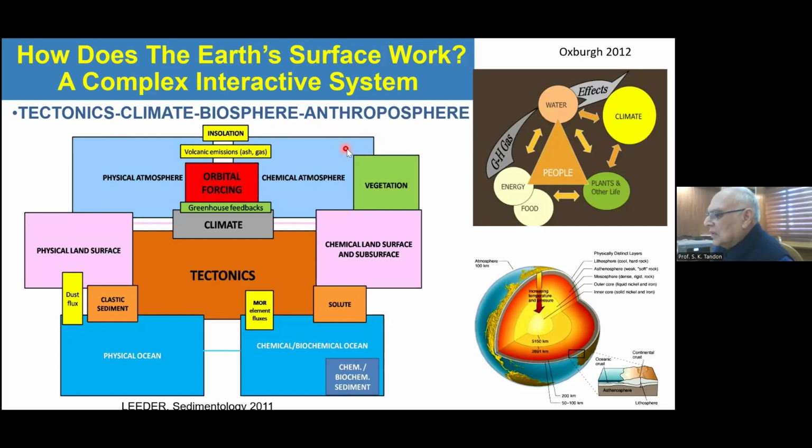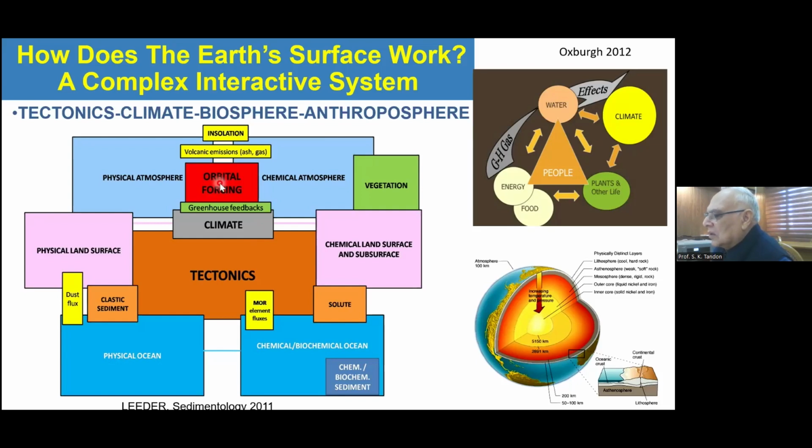Minus the anthroposphere and minus humans, it is essentially a machine which is driven by the internal heat of the Earth, resulting in plate tectonics on which climate is superimposed, and that system derives its energy from the sun.